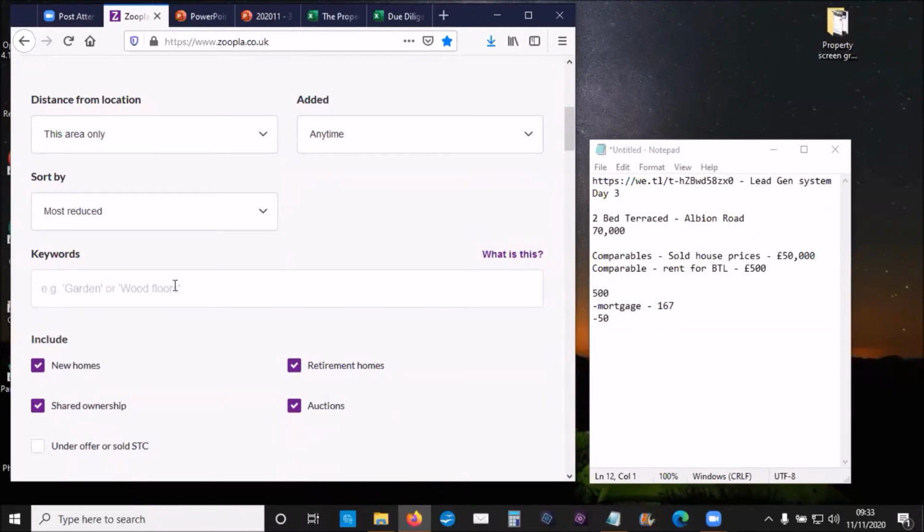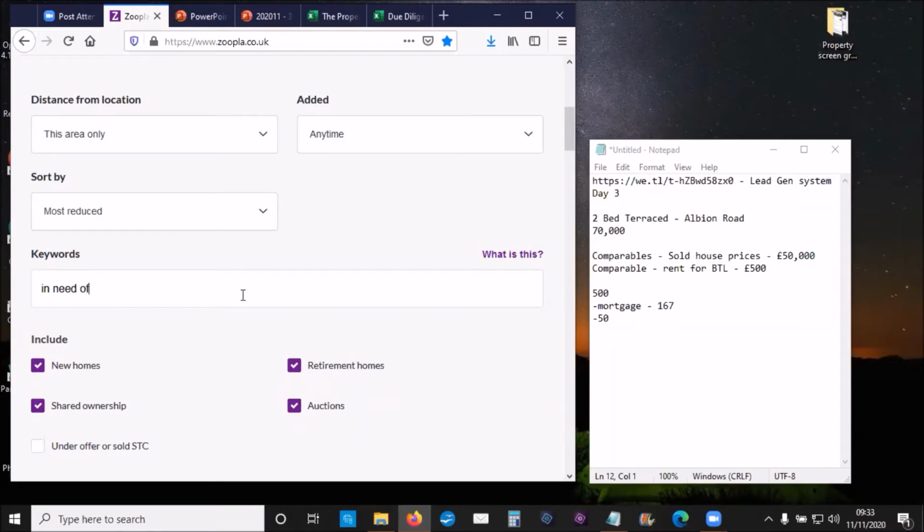We can use, I'm going to teach you a tip, guys. Keywords would mean that there's an option for them to find words within the listings that might help you. Like, for example, if I type in here swimming pool, it will prioritize listings that have the words swimming pool within the listing, okay? But for property investors, the words that they like to type in here is "in need of."